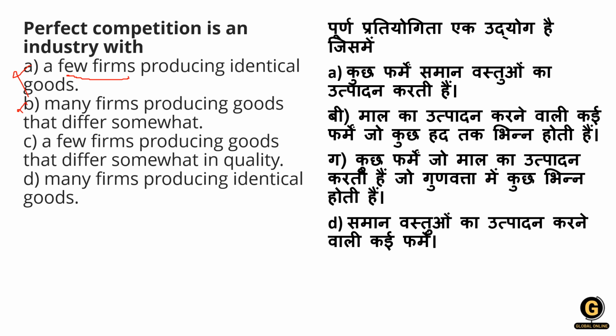A few firms producing goods that differ somewhat in quality. Again, few firms is not a characteristic of perfect competition, so this option is also cancelled. Only one option remains: many firms producing identical goods. Many firms producing identical goods is the characteristic of perfect competition, and the correct option for this question is option D.